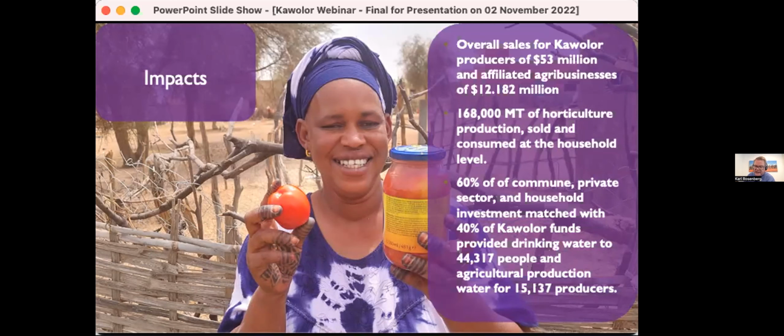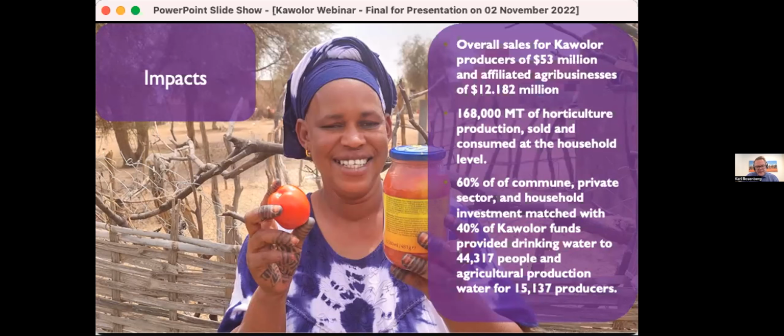And in Senegal, in much of these arid regions, water is a key limiting factor. This provided drinking water to 44,317 people and agricultural production water for 15,137 producers. And this was a key intervention. The key there is that 60% of the financing of these water interventions came from the communities and people that would benefit from having this water.